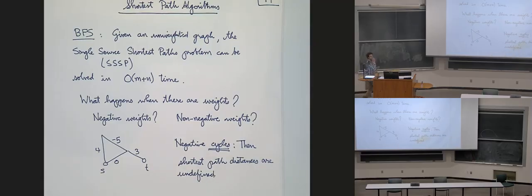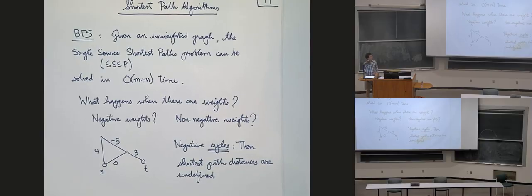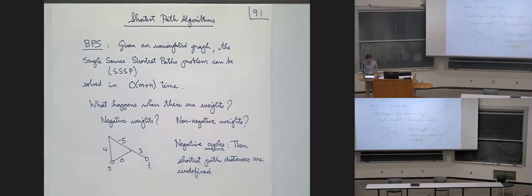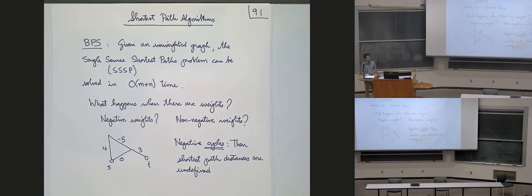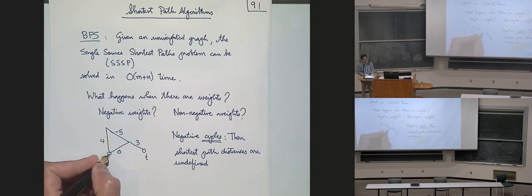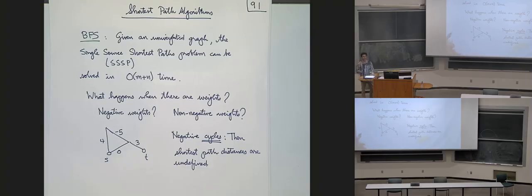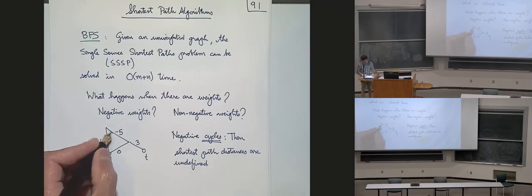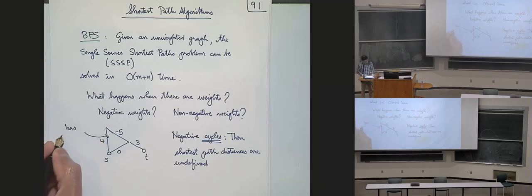Yeah? Is a negative cycle just repeating, or referring to any sort of cycle where you can perpetually decrease? Yeah, so a negative weight cycle just means that you look at a cycle and the total weight on the cycle is negative. It's as simple as that, right? So this cycle over here has weight -1, and because it has a weight of -1, you cannot define shortest path distances.